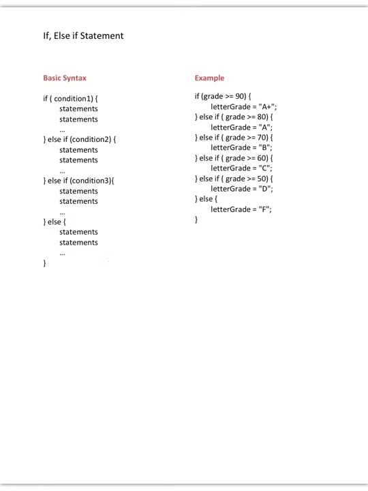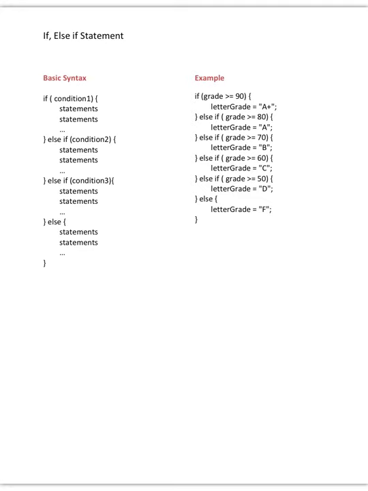And then we can take this one step further and make it a little more complex, and that is our if-else if statement. In an if-else if statement, everything is the same as we've already seen. The only difference is that we now have multiple conditions.